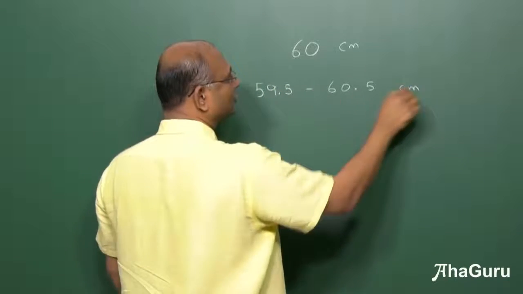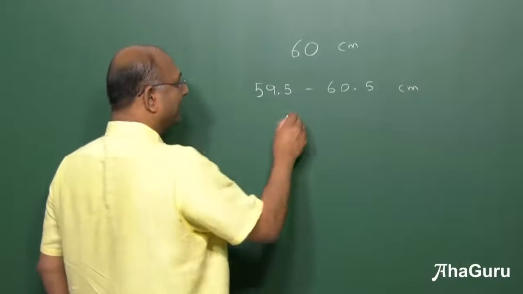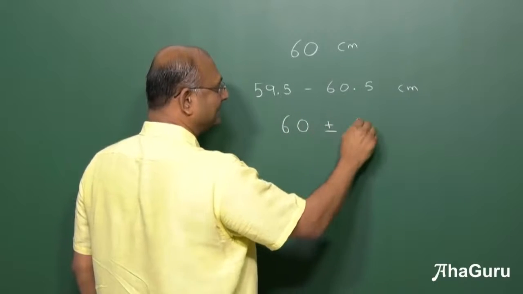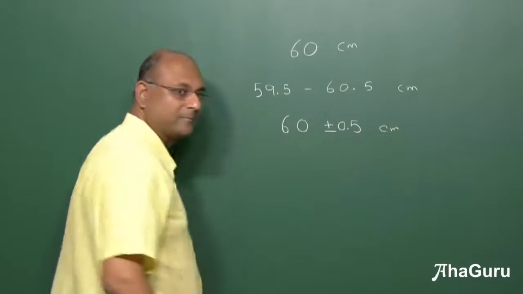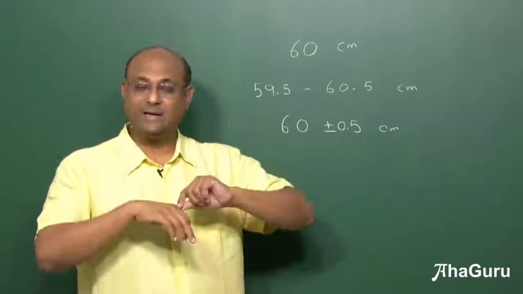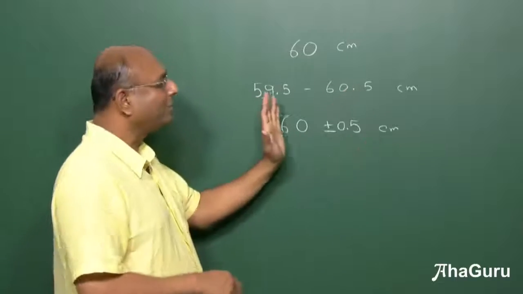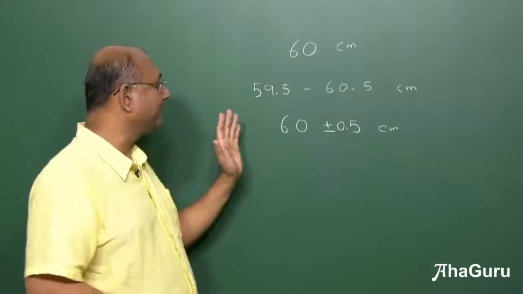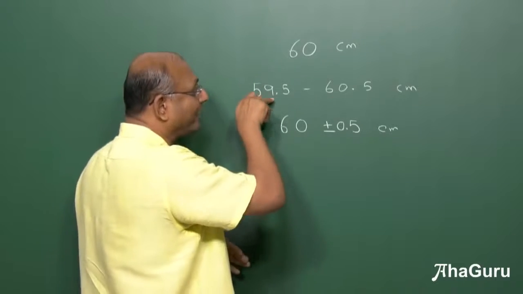So the way we usually write this is to say it is 60 centimeters, but plus or minus 0.5 centimeters. That is, there could be an error in the measurement which is either going to make it larger or make it smaller. It won't be 62 centimeters, it won't be 58 centimeters, it won't even be 59 centimeters, but it could be 59.8 centimeters.